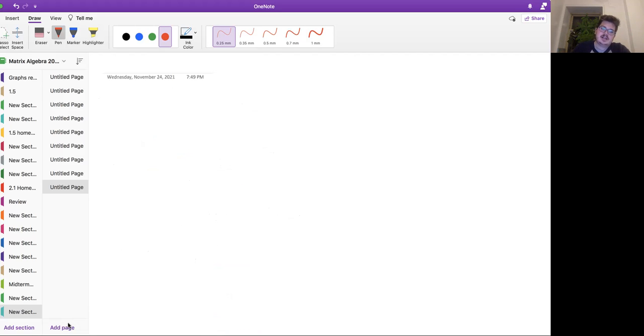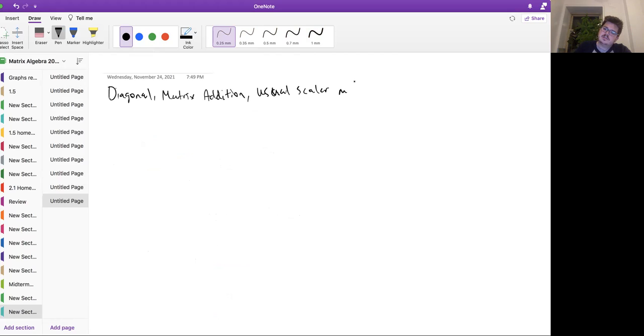So it's literally just adding a property and taking away a property if you throw in the non-singular. All right, the next one was diagonal matrices again, but this one was matrix addition and usual scalar multiplication. So now we're looking at a new binary operator.